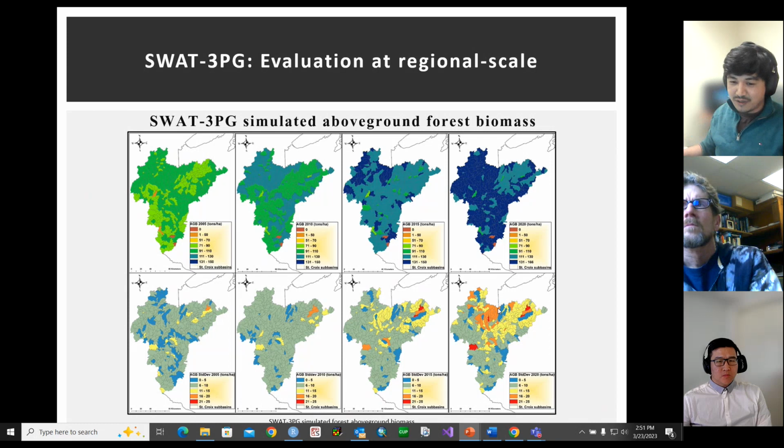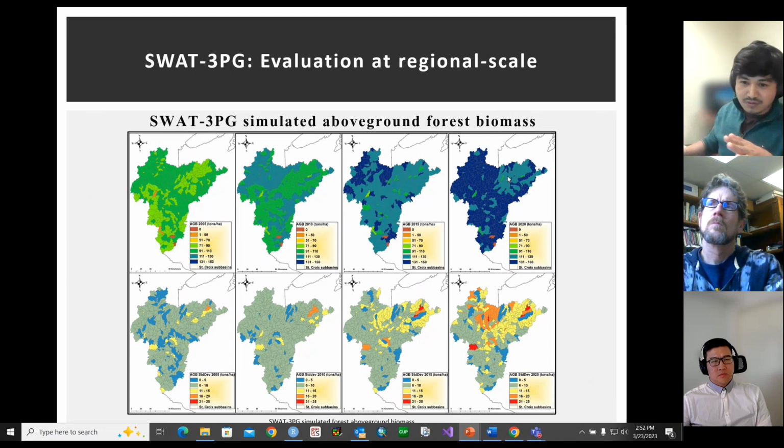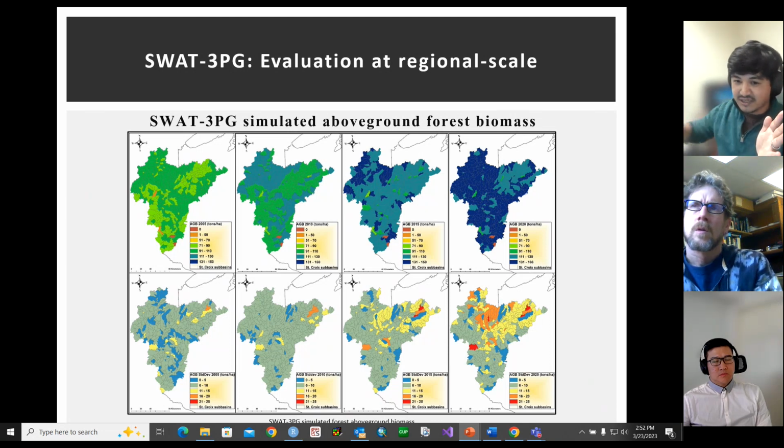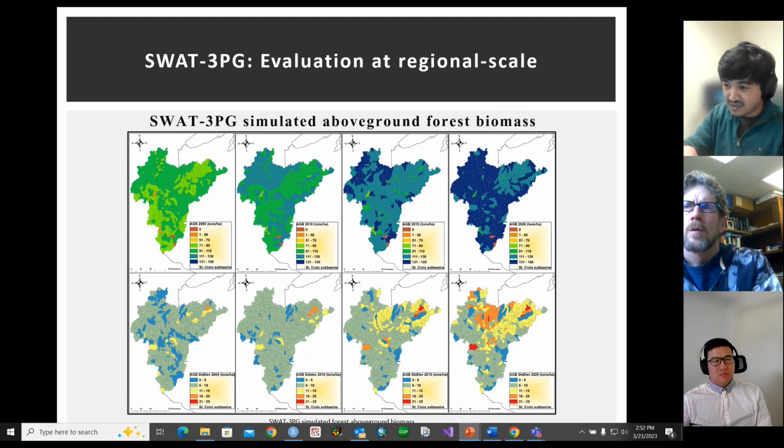If we look at the standard deviation, there's a bigger range of simulated biomass within each subbasin. But because I'm plotting the mean, the mean is kind of similar across the watershed, and I think that is why we see this linear pattern. It changes year to year, but for each year the spatial variability, especially because I'm plotting the mean for each subbasin, is kind of small.